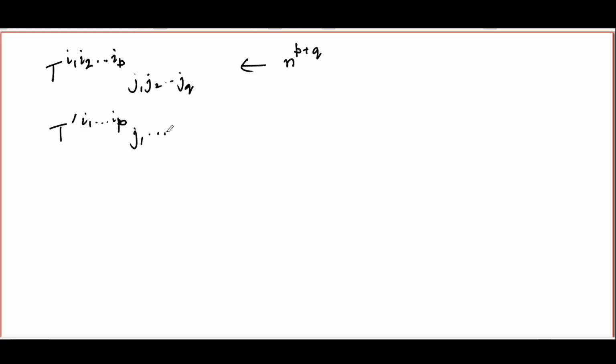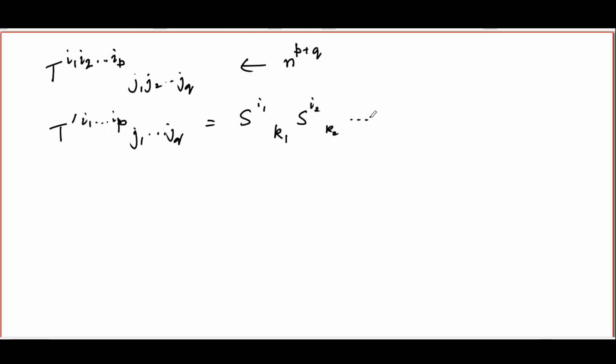In the last lecture, we saw that rather than thinking about a tensor as a bunch of n to the power p plus q components, T with indices I1, I2, all the way up to IP, then J1, J2, up to JQ, so n to the p plus q components in all, which transformed in a particular manner under coordinate transformation, it is actually better to think of them as something else.